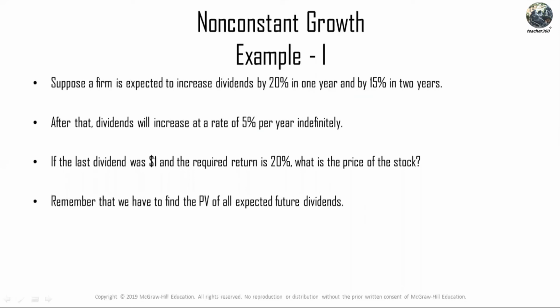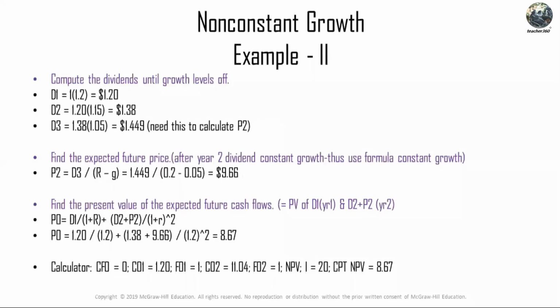So according to the formula, D1 is D0 times 1 plus g. So here your D0 is 1 as per the question, and the growth rate is 20% in year 1.